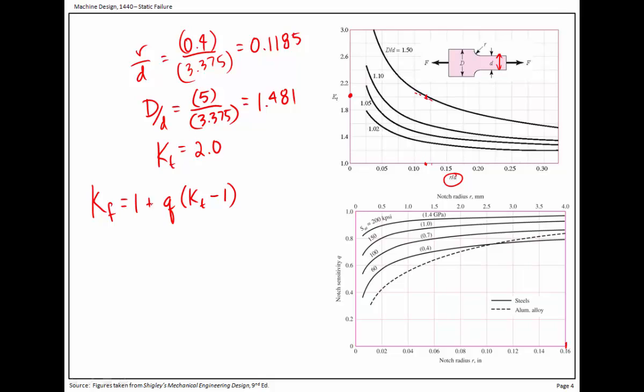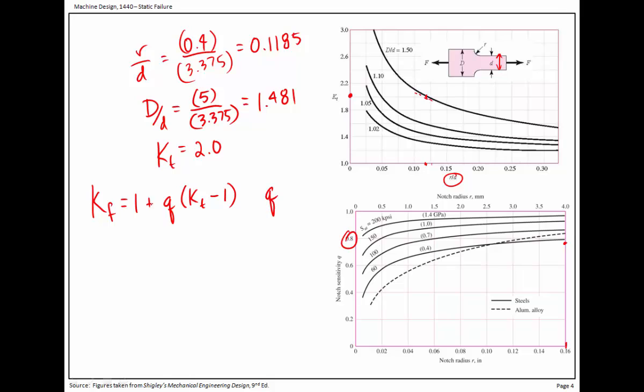Okay. And we take a look at our ultimate strength, and our ultimate strength is 55. So that's pretty close to 60, maybe a little bit. It's kind of hard to extrapolate down below. There is an equation that you can use. Now, I wouldn't expect on an exam that you'd use the equation, but if you use the equation, you end up finding that it's going to be close to 0.8.